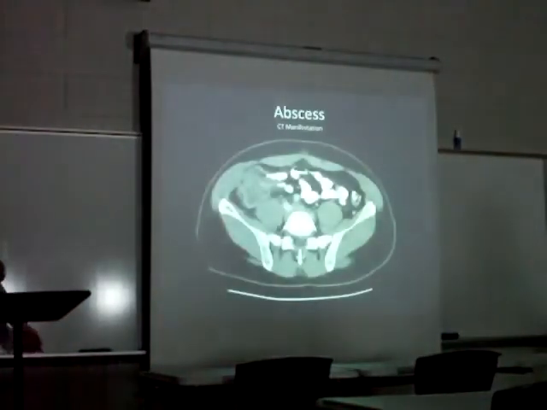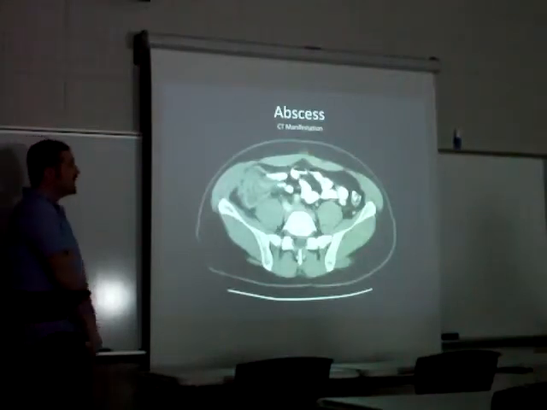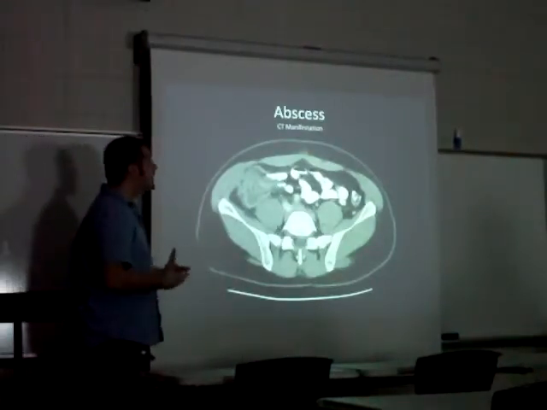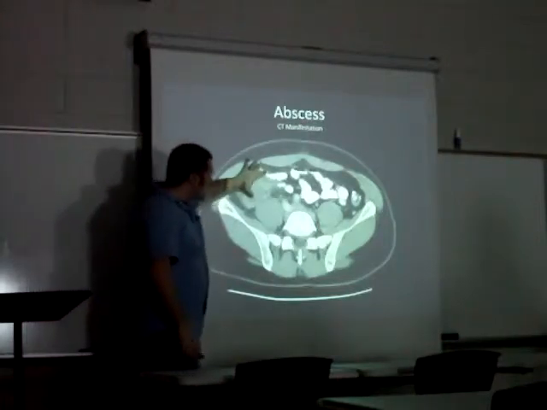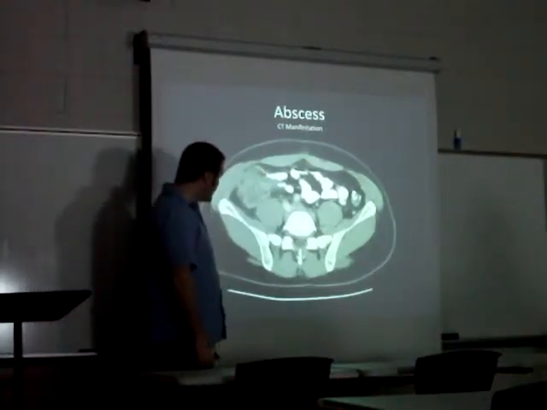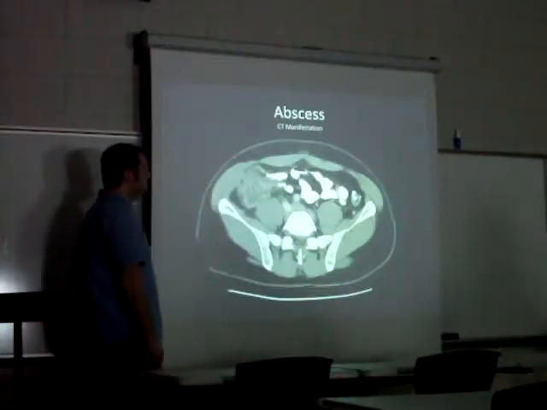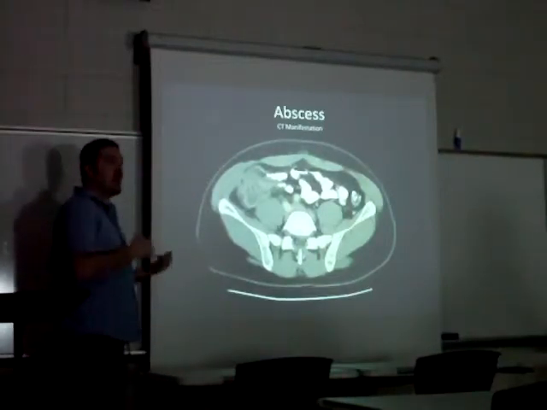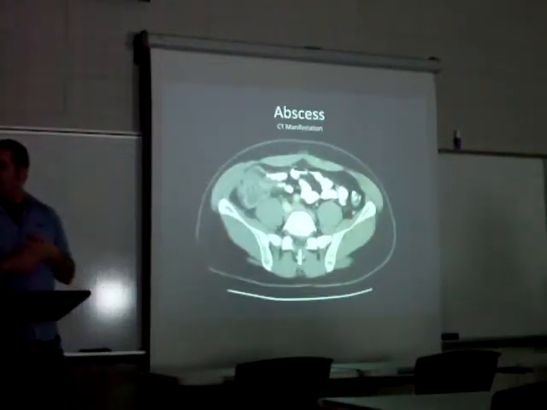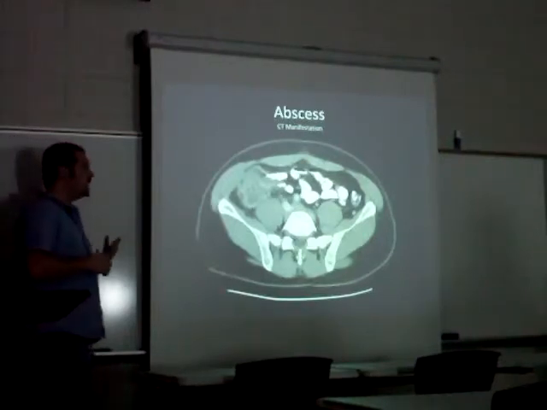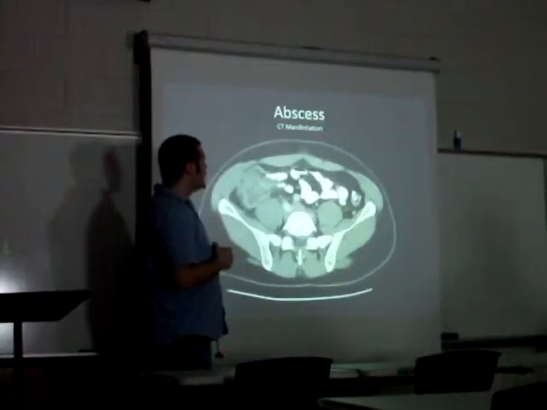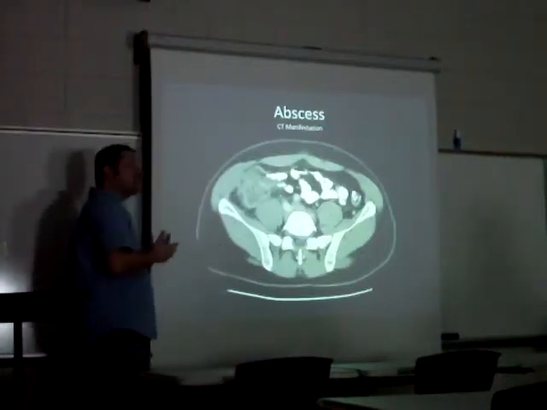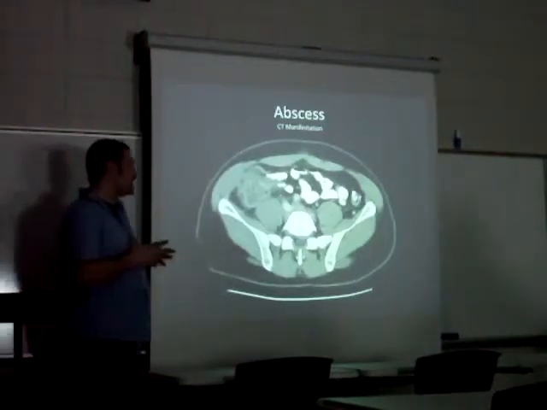Here's what an abscess actually looks like. One of the really good indicators for abscess is that you'll see stranding in this area. This is probably someone who may have appendicitis, maybe an actual ruptured appendicitis. It didn't really say where I got the image, but based on the location being in the right lower quadrant, this is someone who probably could have some abnormalities with the appendix as well.